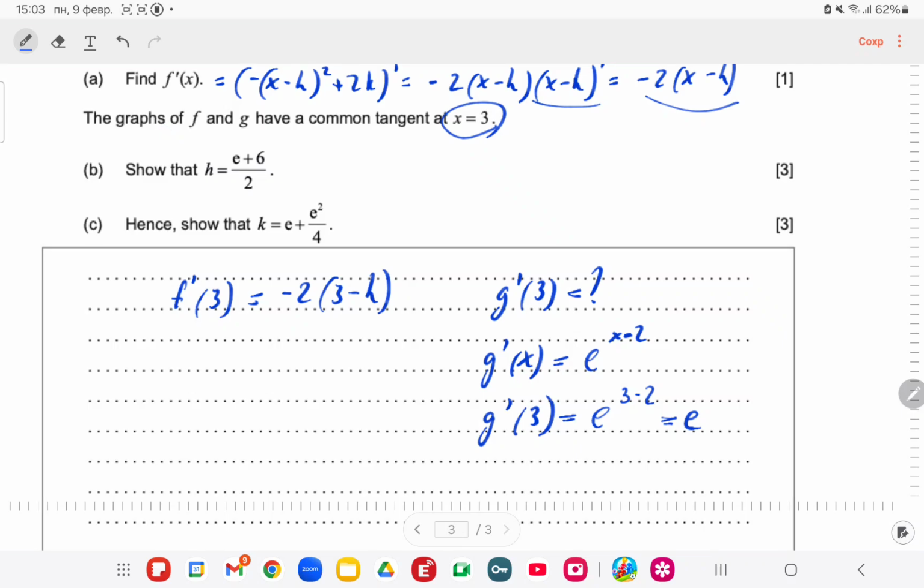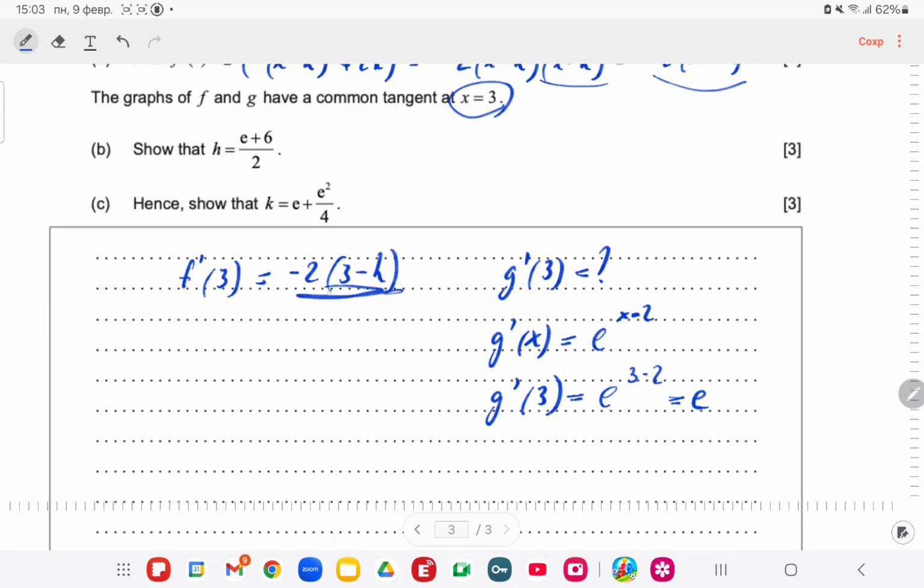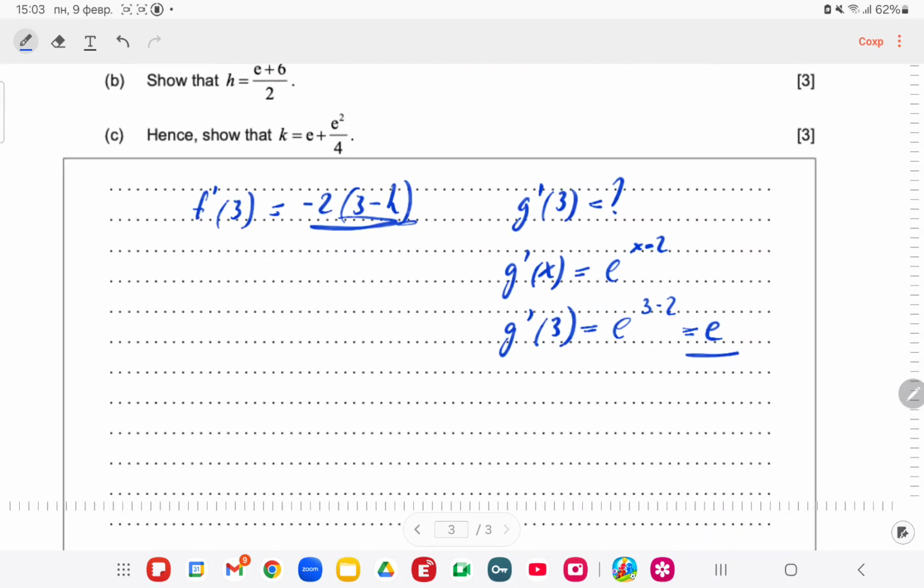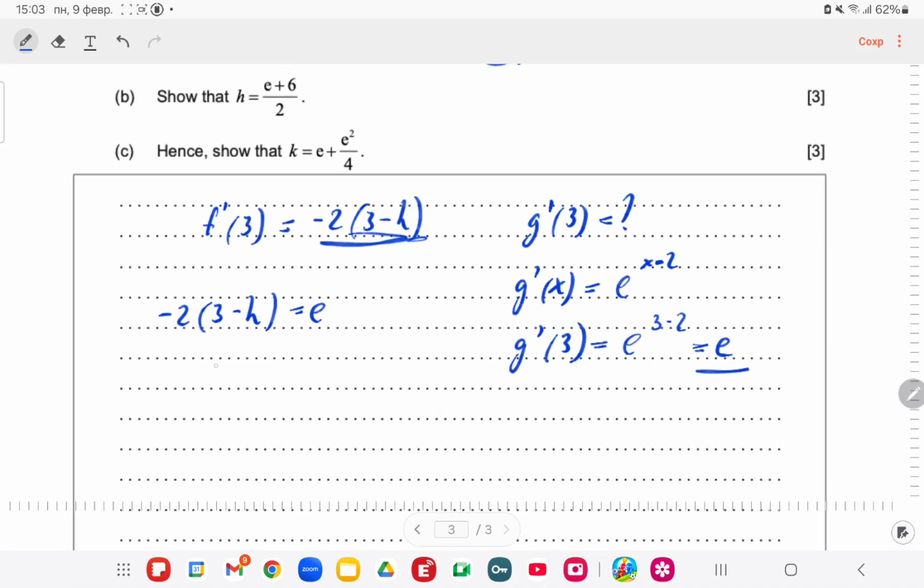Okay, all right. And now we can equate. We can say that this is equal to this. So let's equate negative 2 times 3 minus h equals e. And now let's express h. So 3 minus h is equal to e over negative 2. Negative h is equal to negative e over 2 minus 3.